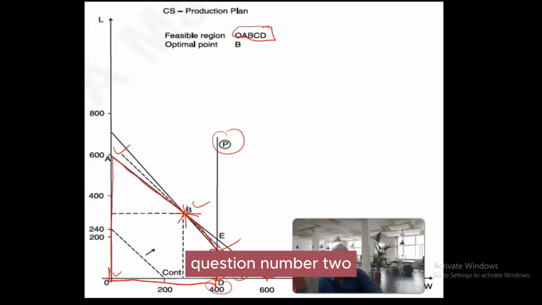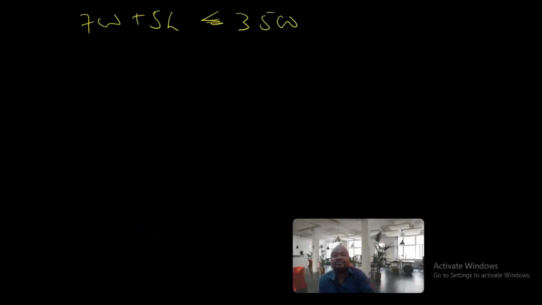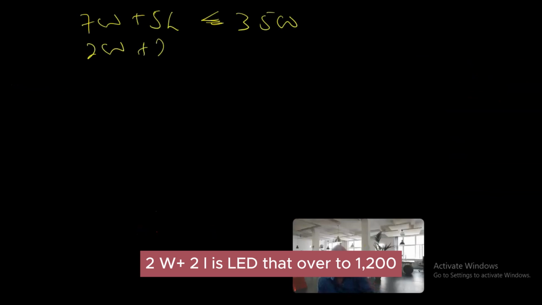Equation number 2: 2W plus 2L is less than or equal to 1,200.